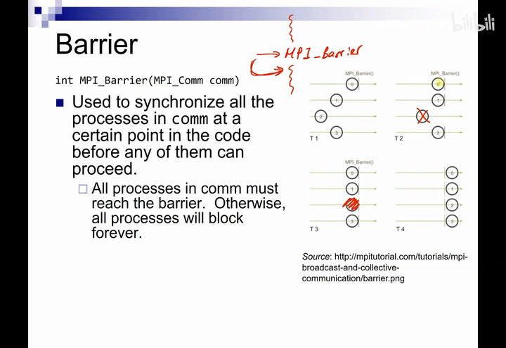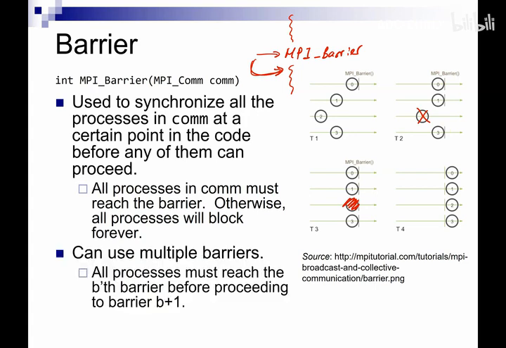Then these other processes 0, 1, and 3 are going to be waiting at the barrier forever, because they can only go on when everybody reaches the barrier, but because process 2 crashed, it's never going to reach the barrier. So all of these other processes are blocked forever. If you use a barrier, you need to be careful about these situations where some processes may never reach the barrier. That would be very bad.